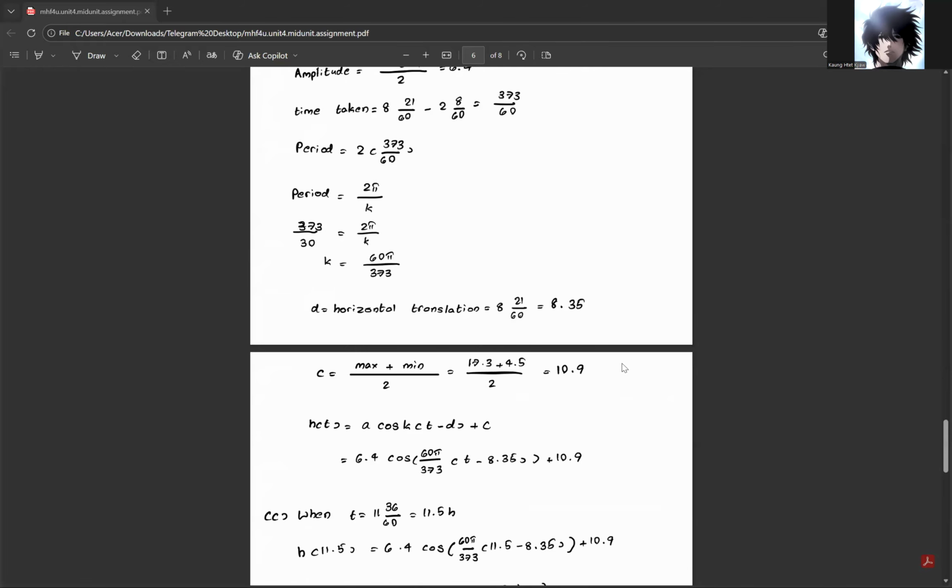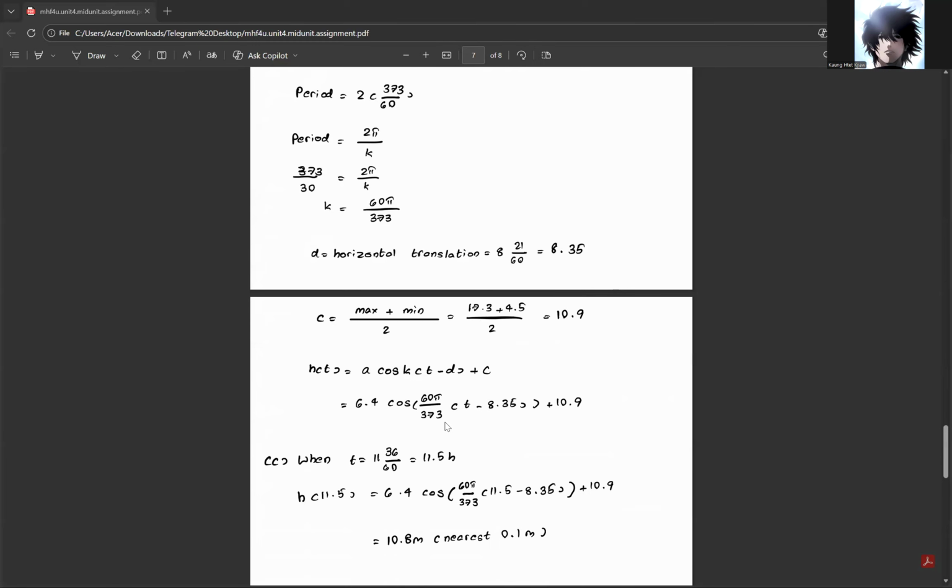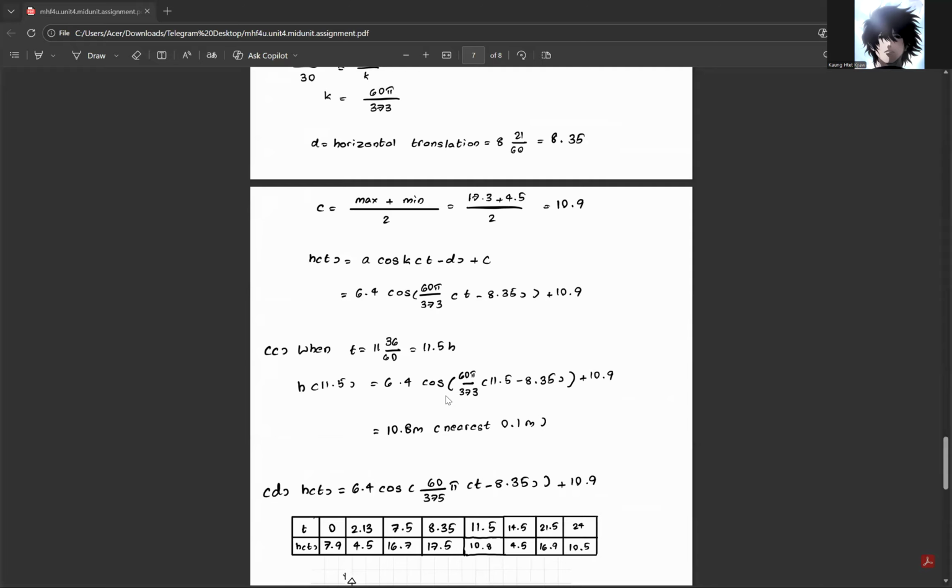So the final equation is h of t equals 6.4 cosine of 0.505 times (t minus 8.35) plus 10.9.